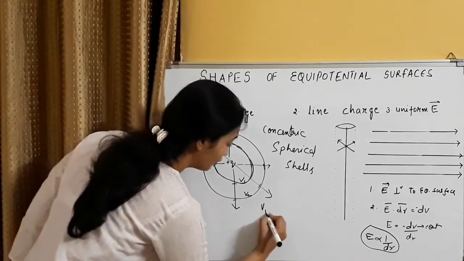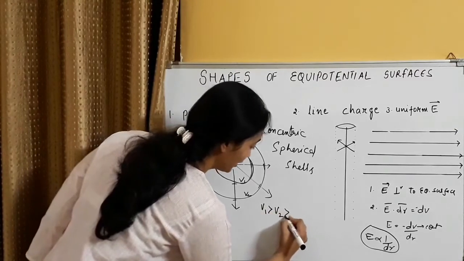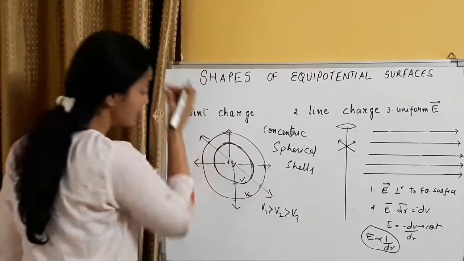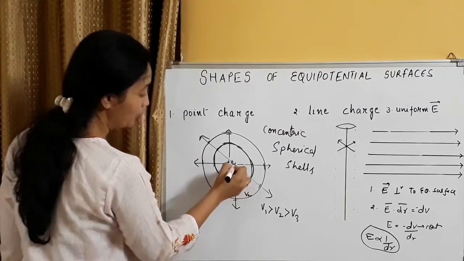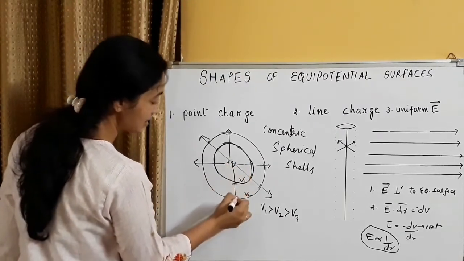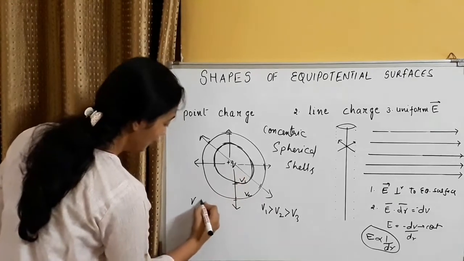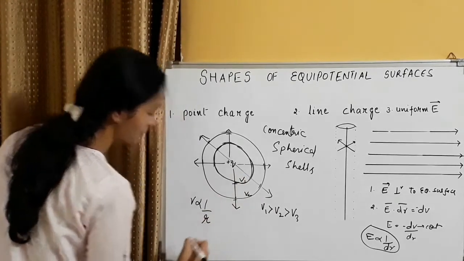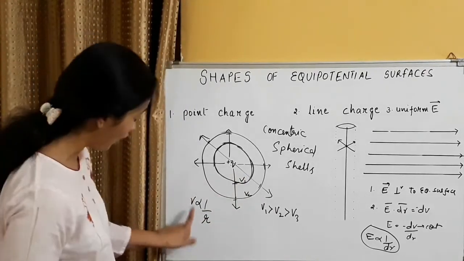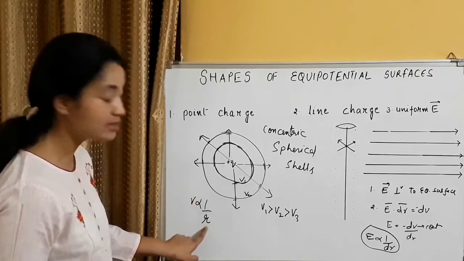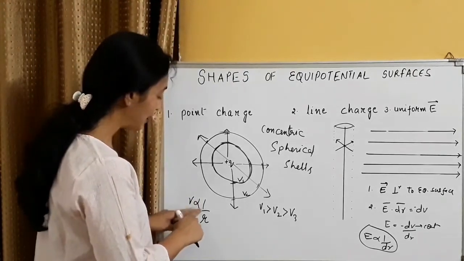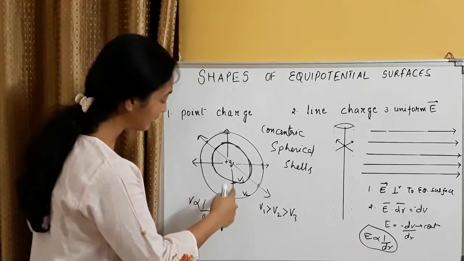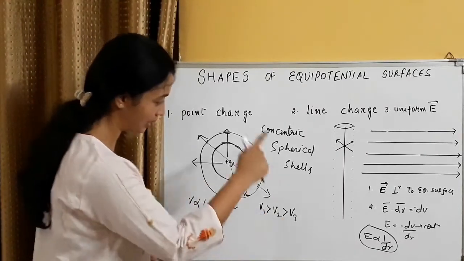And we know that V1 is greater than V2, which is greater than V3, because the shell V1 is closer to the charge, so potential will be more. V is inversely proportional to R, so as R increases, the potential decreases.